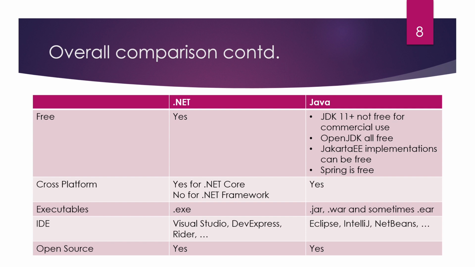In order to develop applications in .NET and Java, you need something called IDE. For .NET, Visual Studio is the most popular IDE, but we also have things like DevExpress, Rider, etc. For Java, we have Eclipse, IntelliJ, NetBeans, etc. Some of the IDEs are completely free.